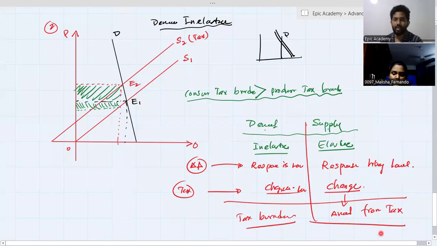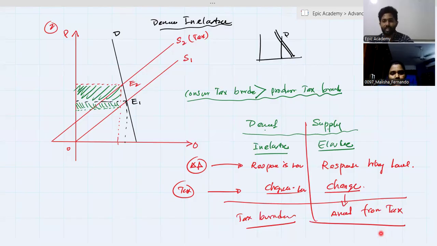This is the secret behind that one, isn't it? It's not some high-level secret. It is a simple thing. Take the real understanding of these words. Elastic means response. Inelastic means low response. That means he's not going to change according to a change in the price. But supply can change.